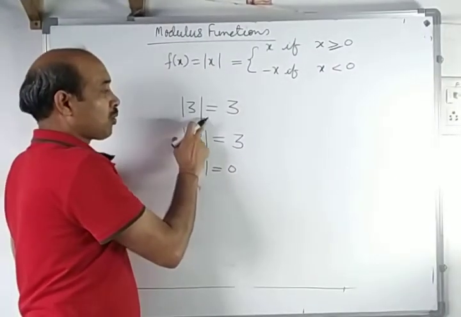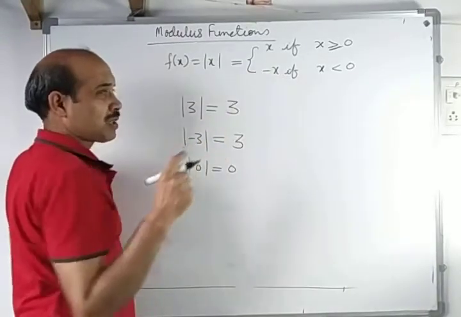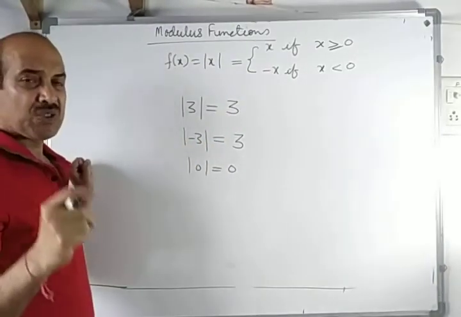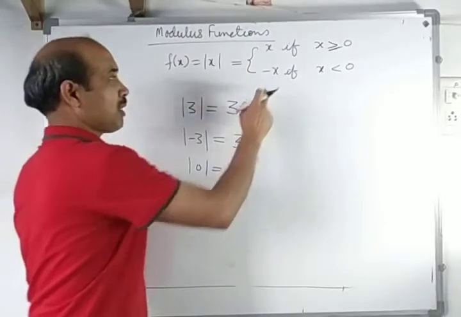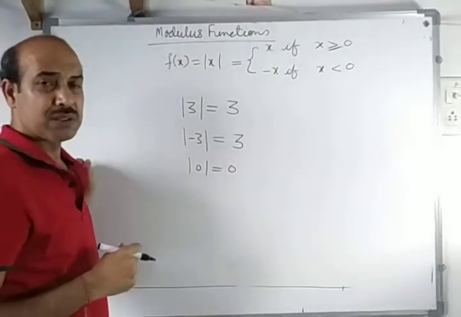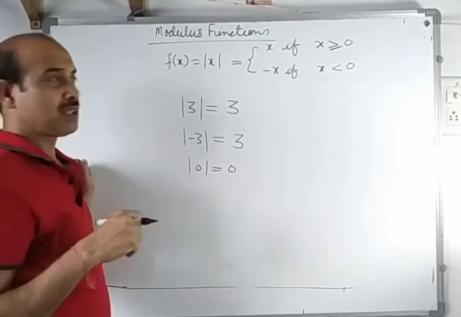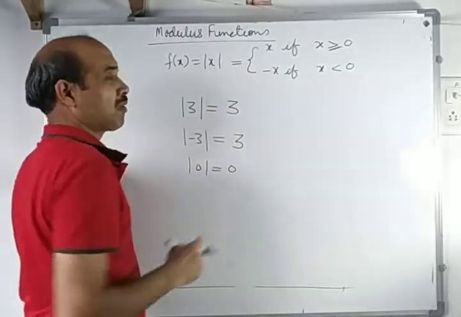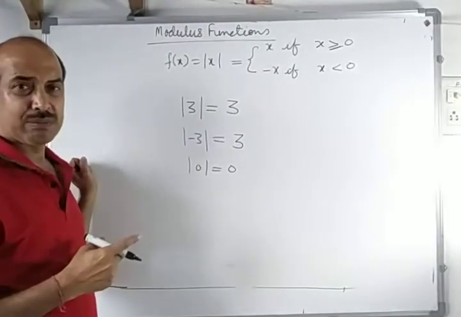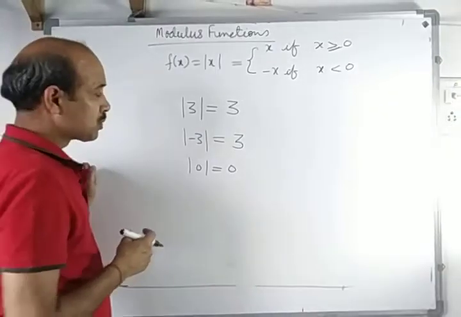So now, why this minus x? Most of the children have confusion or doubt about this minus x. They ask, if every time we are getting a positive value, then what is this minus for?